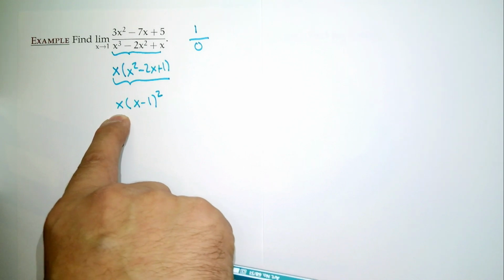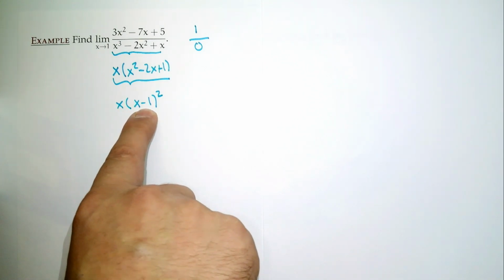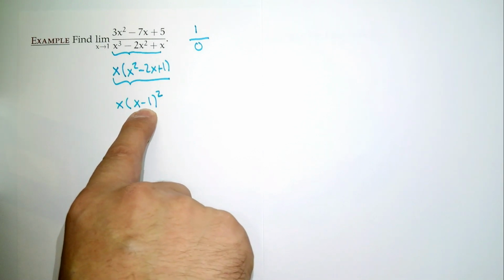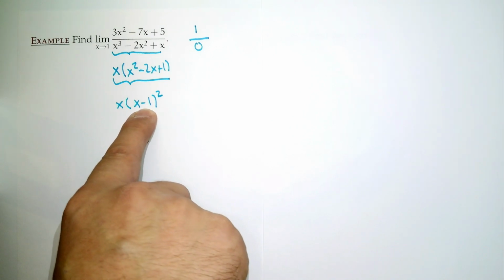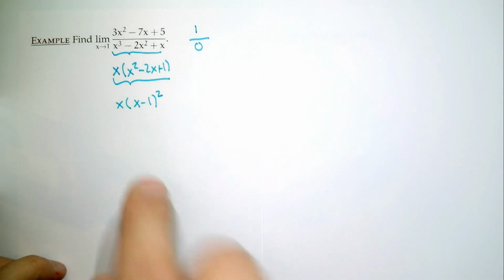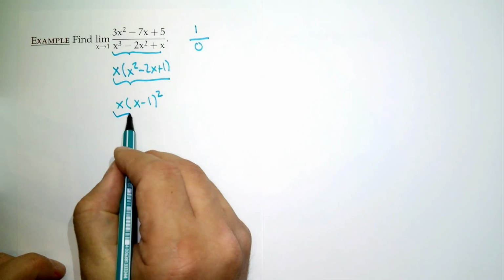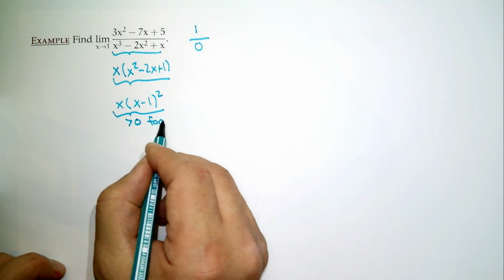It's positive because I'm near 1. What about this quantity (x minus 1) squared? It's going to be a positive number because, yes, I subtract 1, so I could be on either side, but then the square helps say, be optimistic, be positive. So this part right here is always greater than 0 for x near 1.